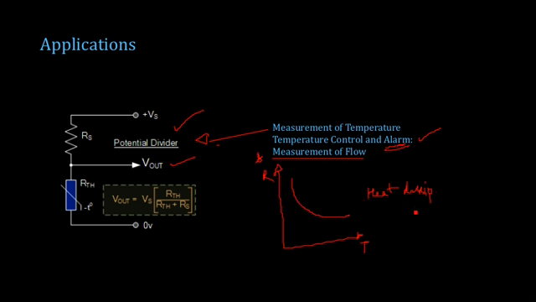And if heat dissipation is not occurring properly, there will be a change in temperature of the thermistor, and this change in heat or temperature can be identified as a change in resistance. Hence, the fluid flow also can be identified with the help of this heat dissipation property of the thermistor.